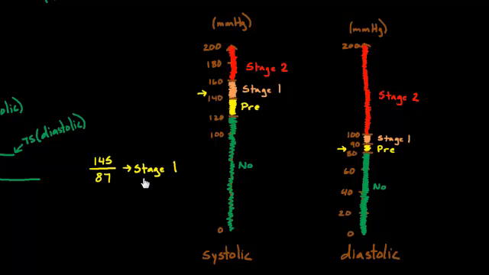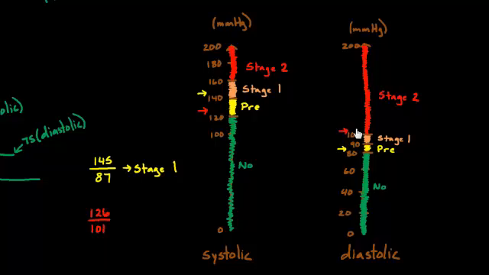Now we can do one more example just to make sure you get it. So let's do a different color. Let's say, I'll do the next one in red. So you have, let's say, 126 over, let's say, 101. Well, this person, 126 is actually right here. And 101 is right above the 100 mark, right there.